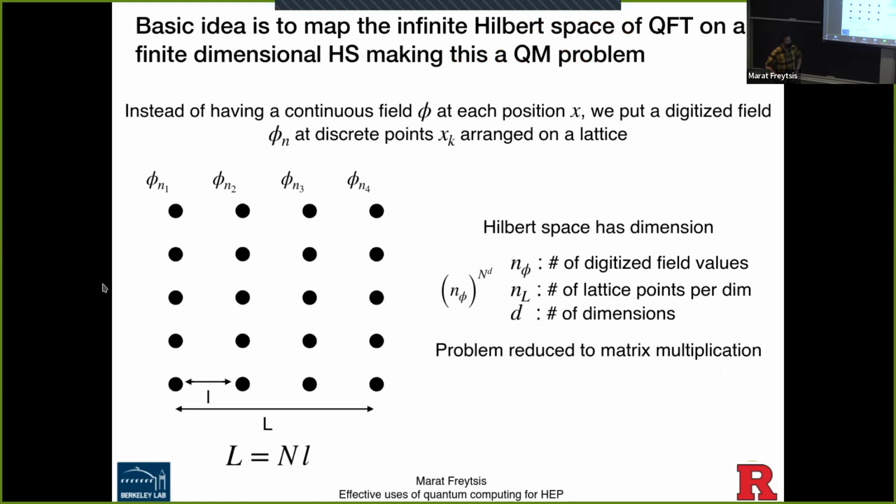So at least some aspects of this are a somewhat old idea. The discretization of space was initially looked at back in the early 70s. This was an alternative approach to lattice field theory.